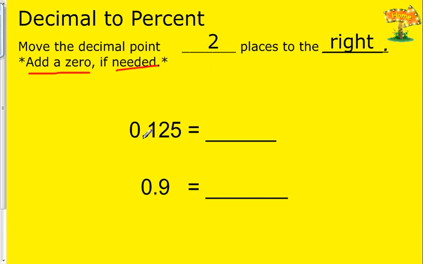So if we look at this example, we have 1, 2. We don't care that we have another number left over. It can only move 2. So our final answer is going to be 12.5%.